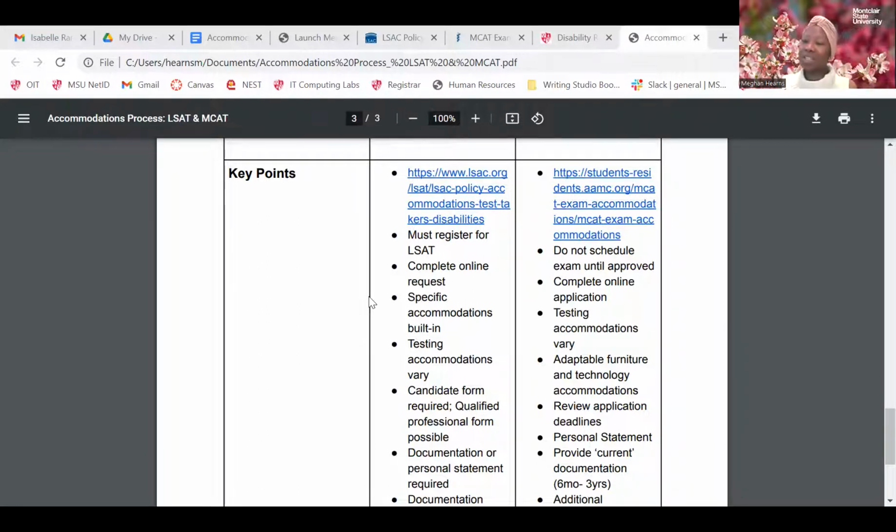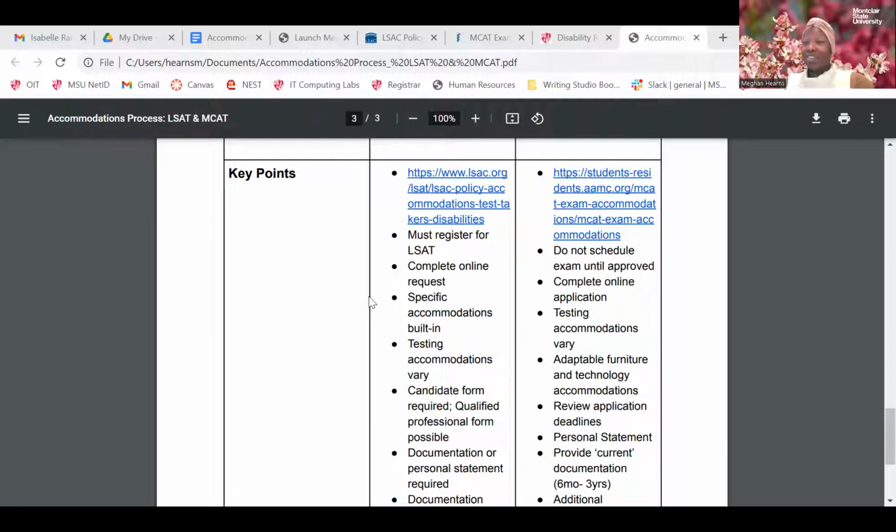Previous experience or challenges with standardized testing can also apply here. So if you did take the SAT and received accommodations from College Board, or the ACT or GRE, you can request the accommodations based on that previous testing accommodation experience.